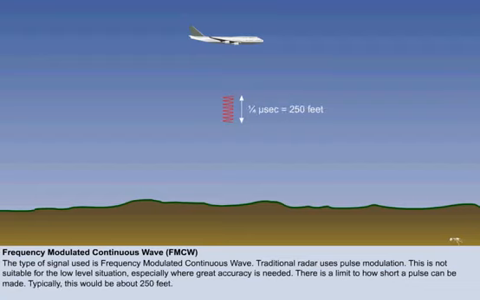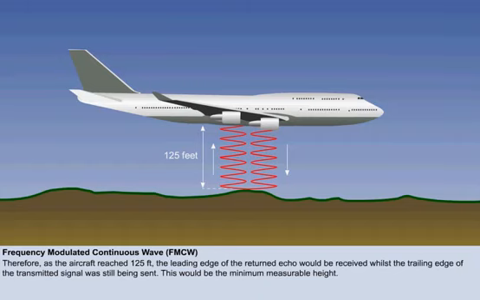When you multiply that by the speed of radio waves, which is 300 million meters a second, the result is a pulse 75 meters long, or, since we are using it to measure height, about 250 feet long. This would mean that, as the aircraft descended and eventually reached 125 feet, the leading edge of the returned echo would be received whilst the trailing edge of the transmitted signal was still being sent.